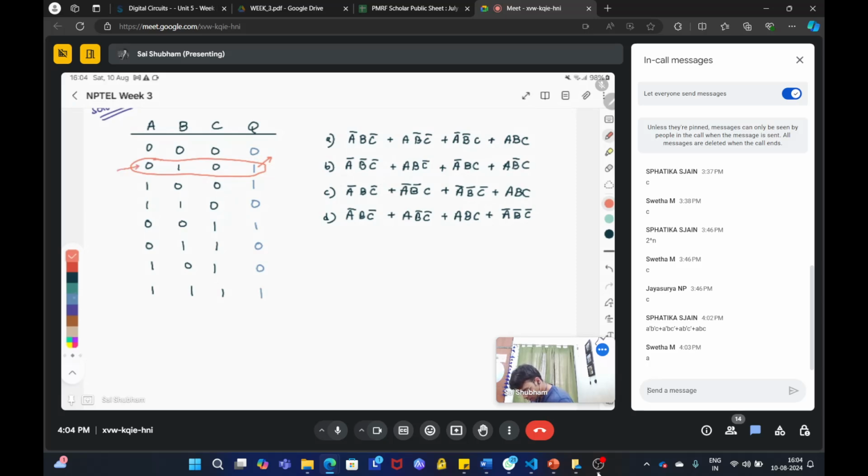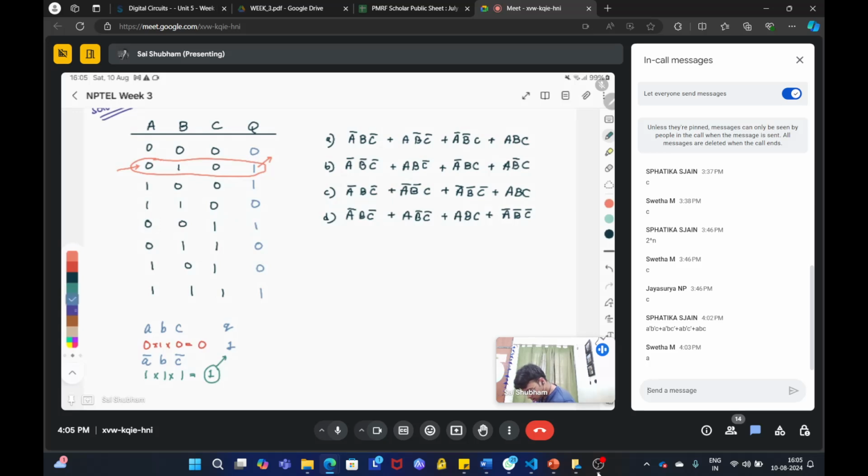Now if I have to write an expression, I cannot write ABC because it will be 0 into 1 into 0 equal to 0, but the requirement Q is 1, so I have to modify it. So my expression can be A bar B C bar, so that it will be 1 multiplied by 1 multiplied by 1 equal to 1, which is same as Q.